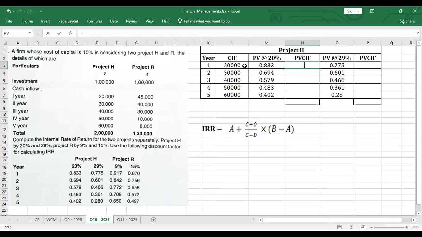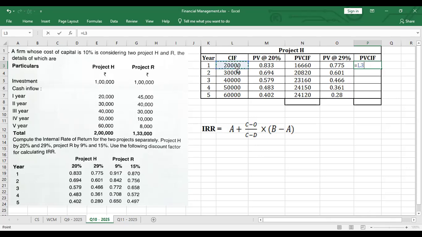Now we have to multiply 20,000 into 0.833. So the answer is 16,660. Likewise, we have to repeat for all, 30,000 into 0.694, and we will get this answer. Same thing we have to repeat for 29%, the present value of cash inflow at 29%.